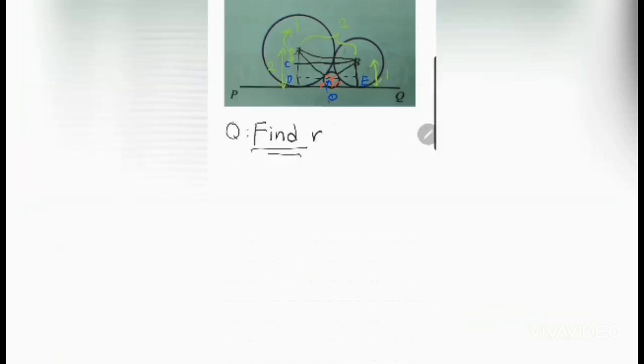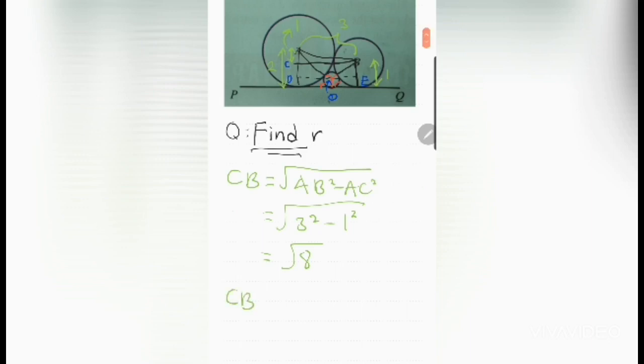So from the information that we just gathered, we can obtain the length of CB. How? From the diagram, we know that CB is equal to DE.